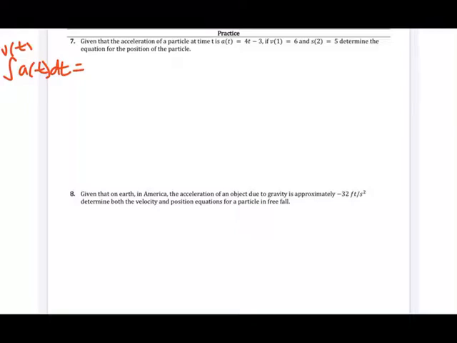So I want to take the integral of 4t minus 3 with respect to t, and that's going to give me 2t squared, I'm going to increase the exponent by 1 and divide by that. My 3 is going to get a t, and I'm going to add a c value.